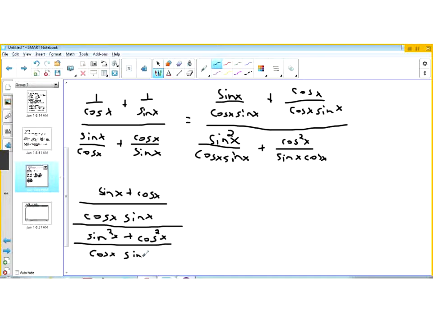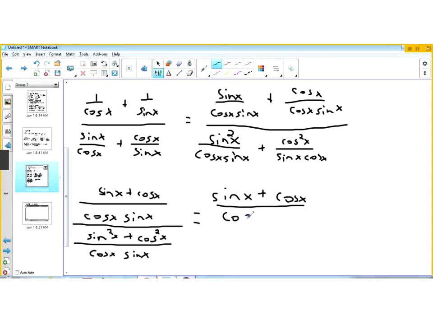So now remember, to do a division of two fractions, which is what's going on here, you'd take the reciprocal of the denominator and multiply the numerator by the reciprocal of the denominator. So that's the rule for division.